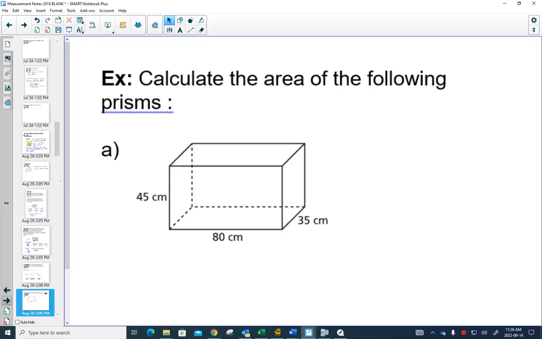Make sure you include your units. If you and your friend got the same answer, then you can check with me.